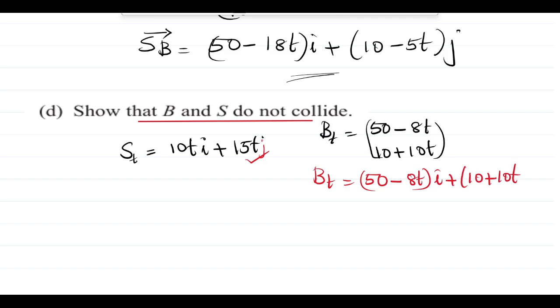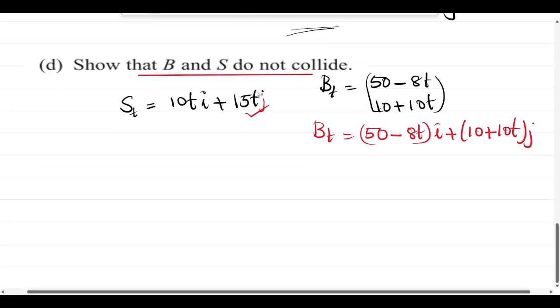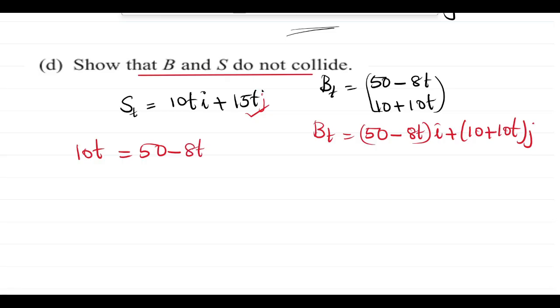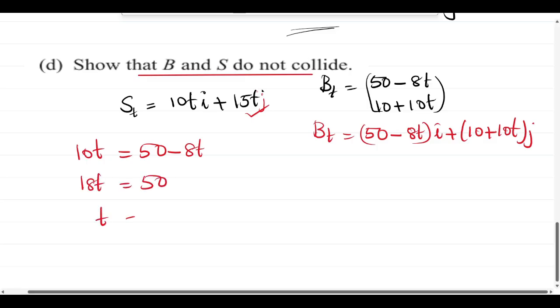Let's equate both components. So 10t equals 50 minus 8t. If the times are the same for the i component and j component, they will collide. If they are not the same, they will not collide. So 18t equals 50, t equals 50 by 18, approximately 2.8 hours.